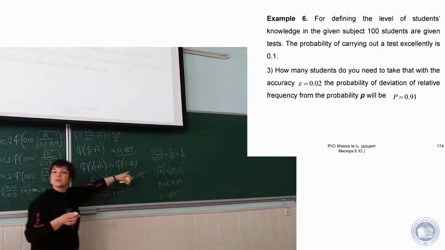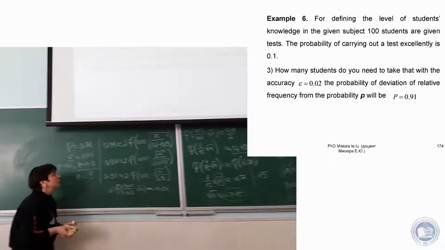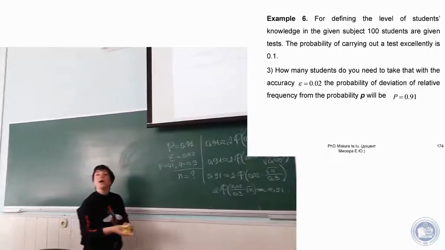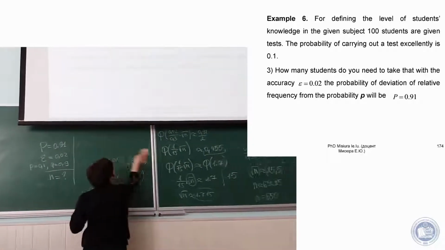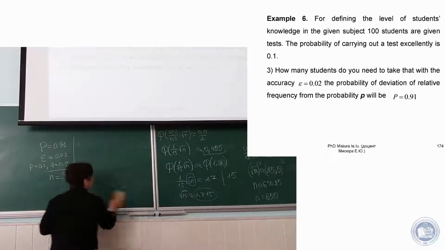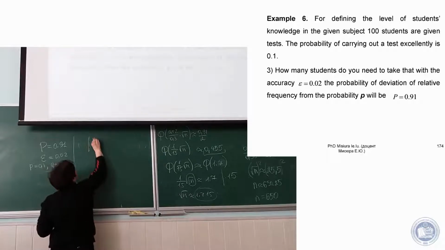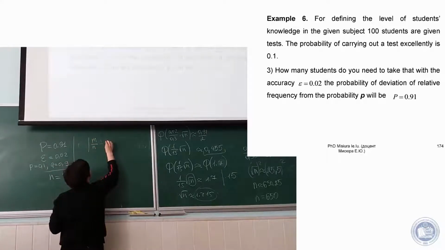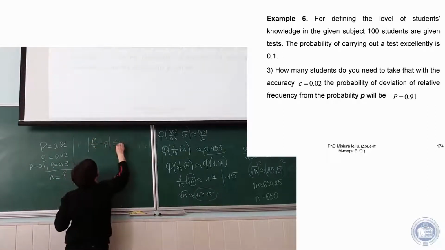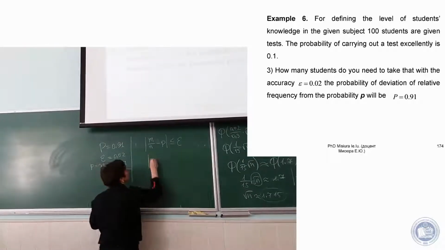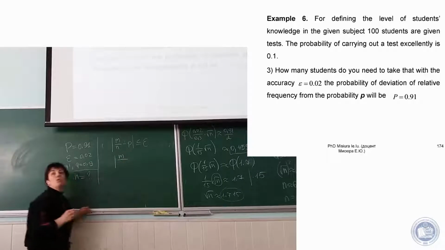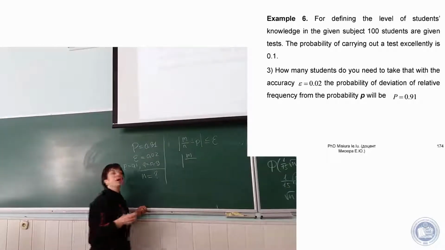Is it correct? Okay. Students, how to find limits for m? You know total number of students. And now let's solve this double inequality. The absolute value of m over n minus p will be less or equal to epsilon. M is unknown. How to find limits for m?